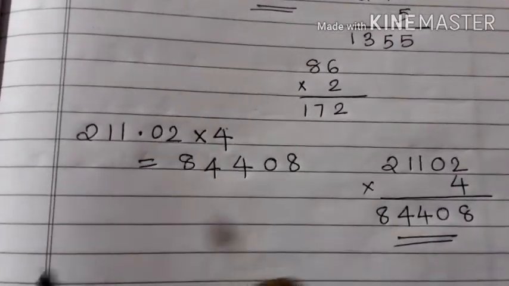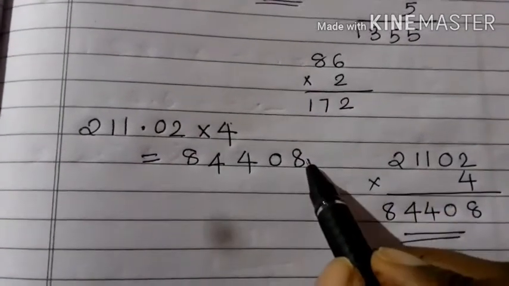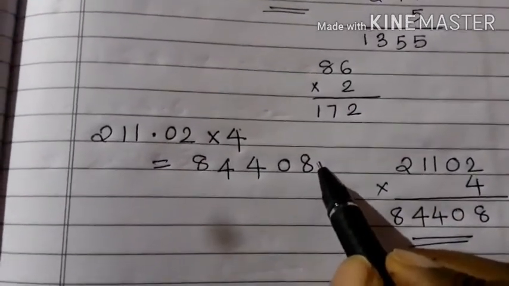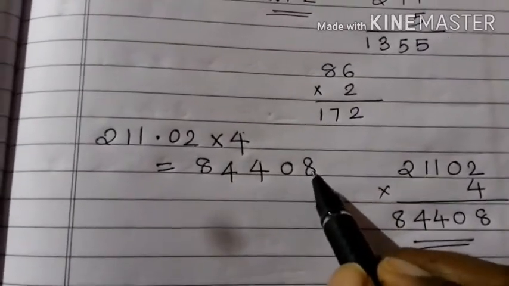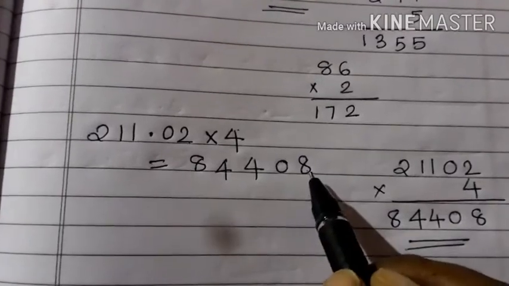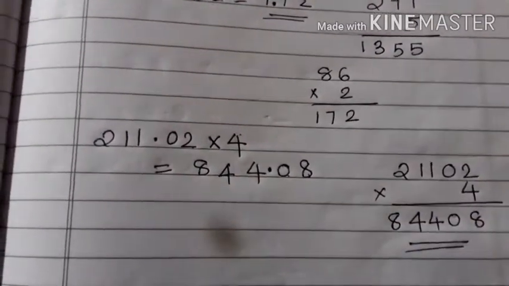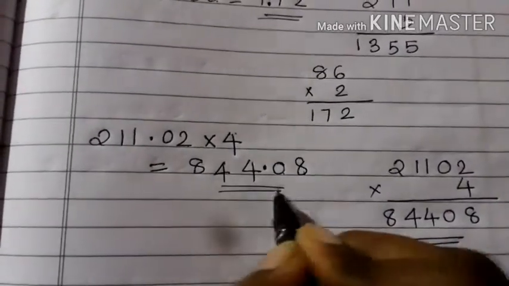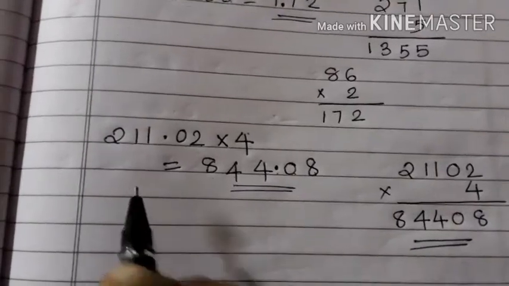Here 1, 2, 2 digits. So in the answer, also we count the digits from the rightmost number and move towards the left. So count 1, 2. So the decimal point is here. So the answer is 844.08.